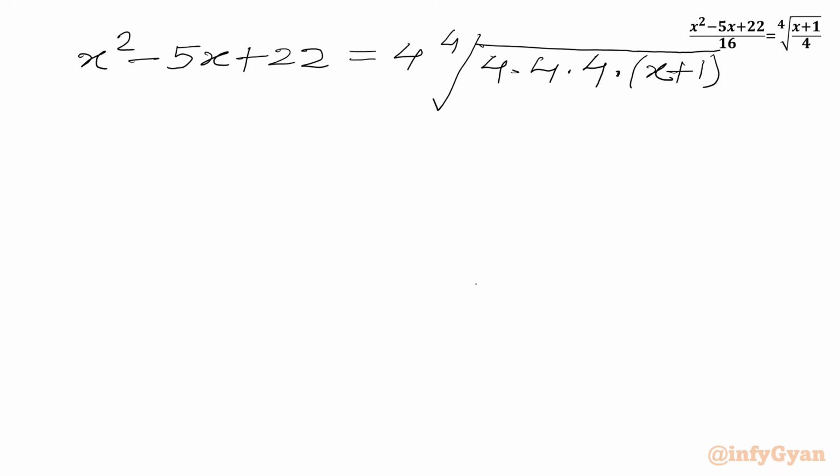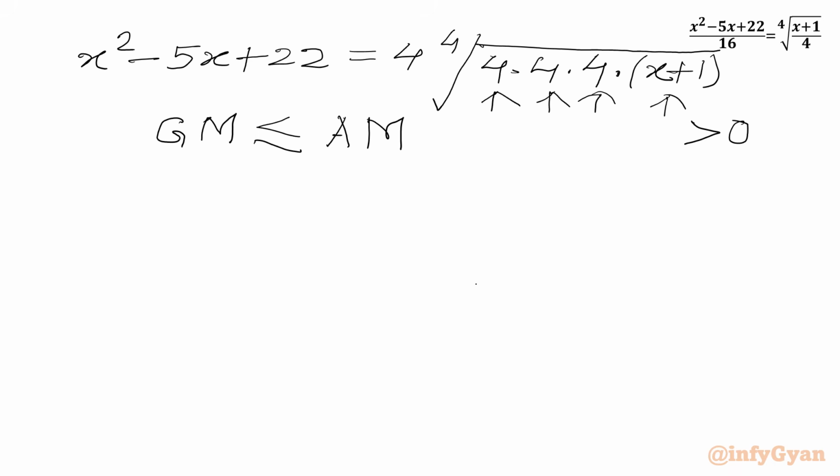Now we will be using the AM greater than or equal to GM inequality, or I can write geometric mean should be less than or equal to arithmetic mean. So we have 4 numbers, 4, 4, 4 and x + 1. All numbers are positive numbers.